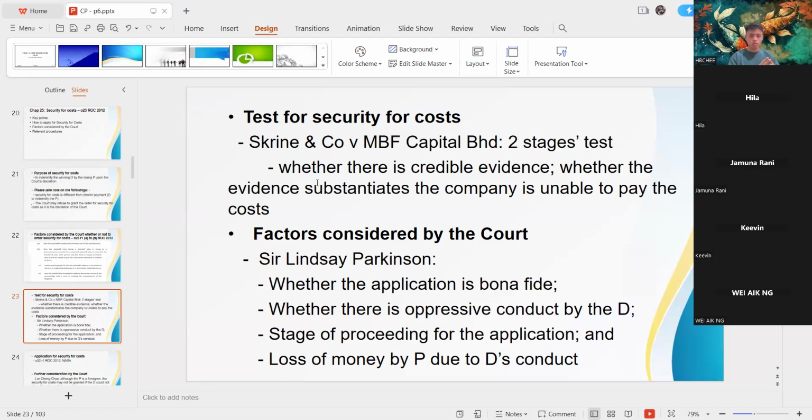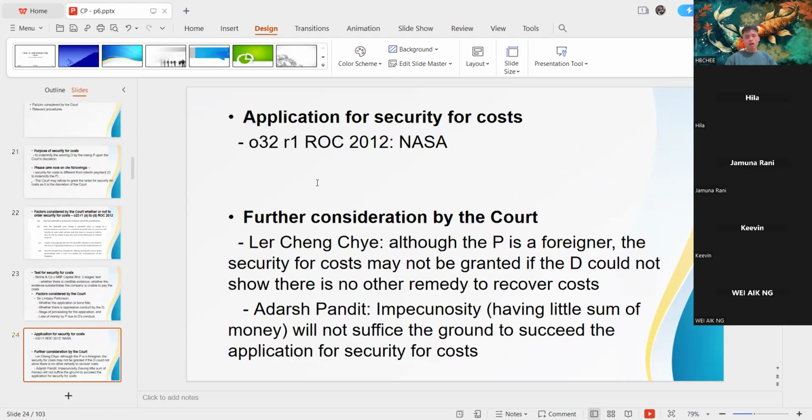Actually there are more factors than this, but I am simply picking three to four that are easy for everyone to understand. When you are answering the question, I will show you why two to three is more than enough. How to apply for security for costs is by way of Order 32(1), which is the notice of application supported by an affidavit.